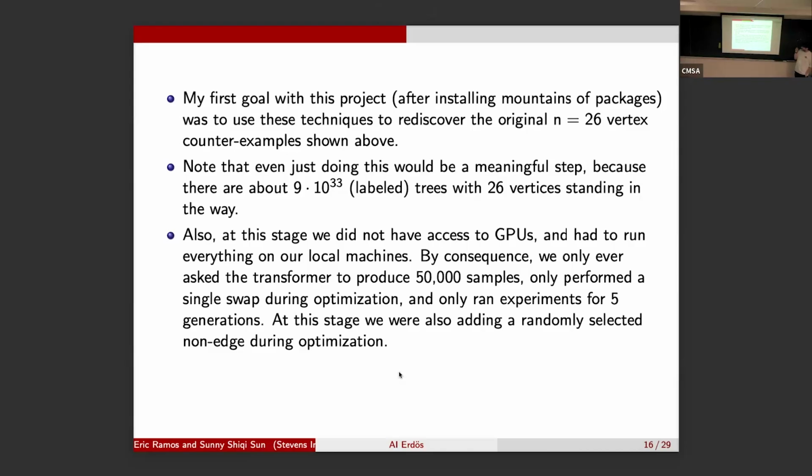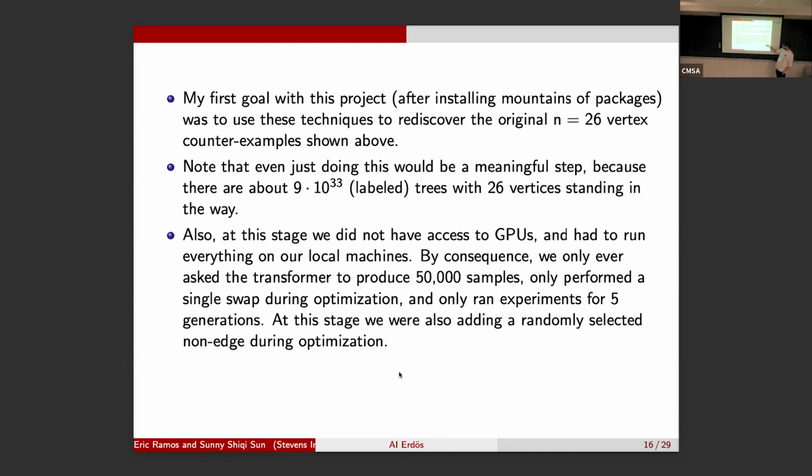Also, at this stage in the process, we did not have access to GPUs, so we had to run everything on our local machines. By consequence, we only ever asked the transformer to produce 50,000 samples rather than 100,000. We only performed a single edge swap during optimization, and only ran experiments for 5 generations. In other words, transformer, local, we did that 5 times.